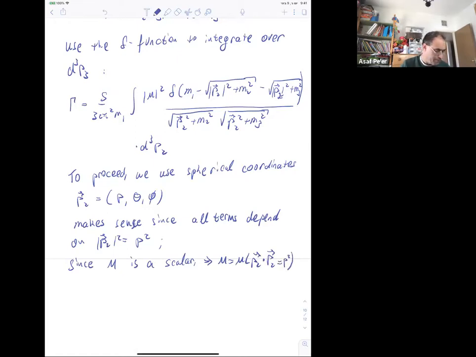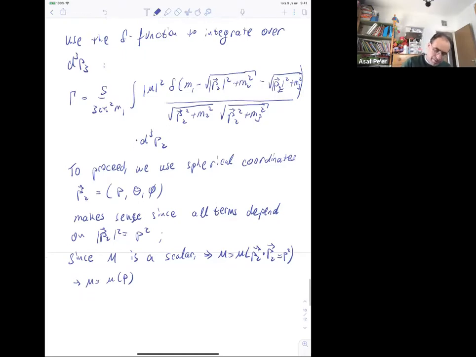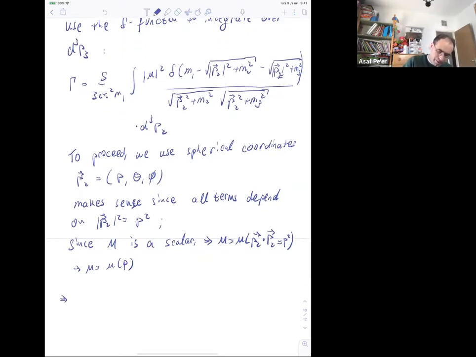So M is M of P. Then the integral d cube P2 is the integral of P squared dP times the integral of sine theta d theta d phi. You should really write P theta and P phi, but hopefully you understand what I'm doing.